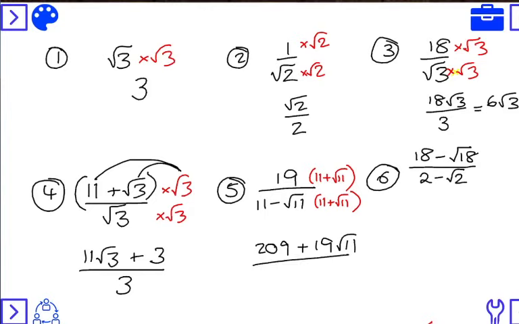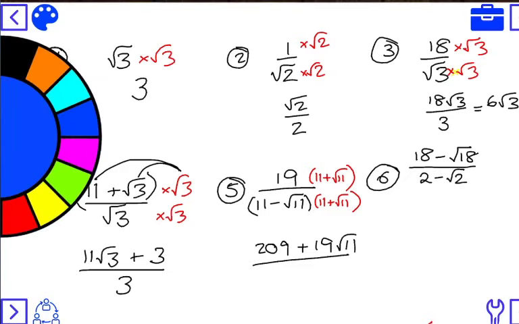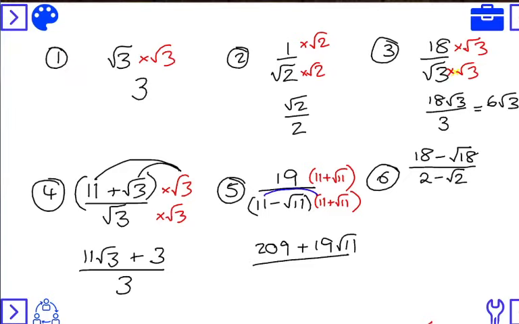As a denominator, using the claw method and remembering to put this in brackets, I've got to times everything in the second bracket by 11 and everything in the second bracket by negative root 11. So what do we get? 121 plus 11 root 11 minus 11 root 11, and then negative root 11 times root 11 is minus 11.